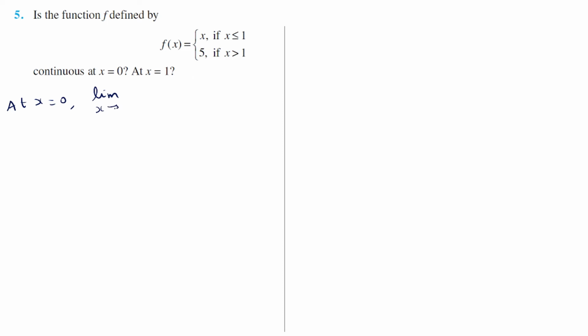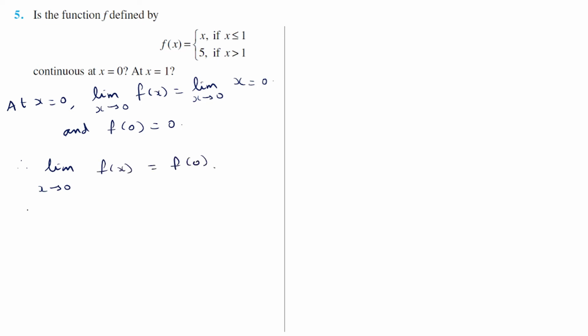So limit x tends to 0, f of x is equal to limit x tends to 0 of x, which is equal to 0. And f of 0 is also equal to 0. Therefore, we have limit x tends to 0 f of x equal to f of 0. Therefore, f is continuous at x is equal to 0.